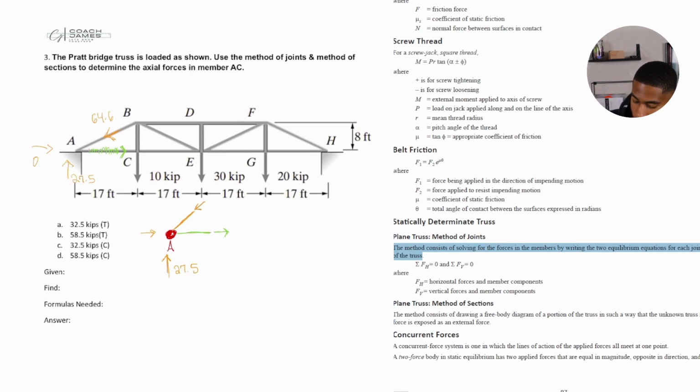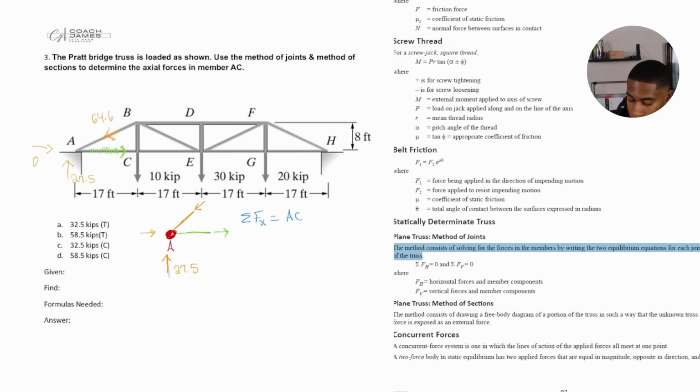Sum of the forces in the X is equal to AC, and then we're saying plus AC because I'm assuming it's going to the right.